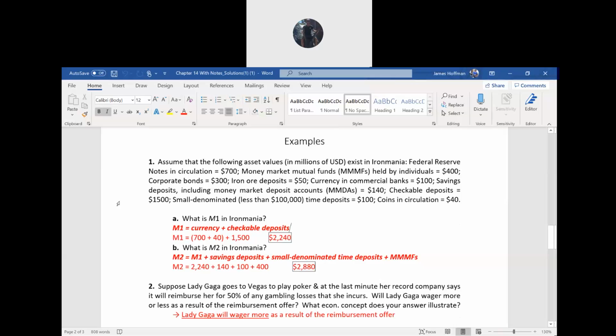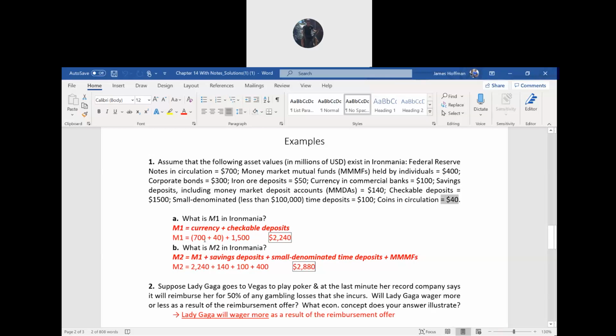All you have to do now is put in the currency and then put in the checkable deposits, sum them together, and that is your M1 in millions. There are two portions of currency. Notes in circulation, like the green bills, that's 700. And then you've also got to add the coins, all the quarters and nickels and dimes and pennies.